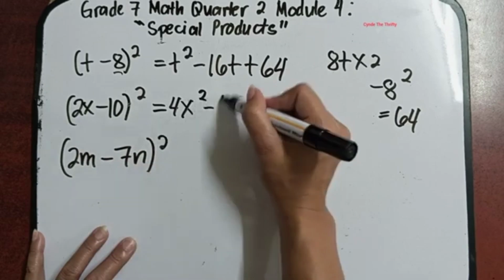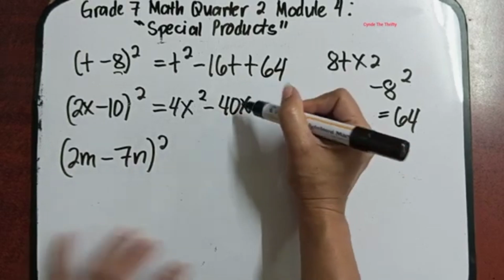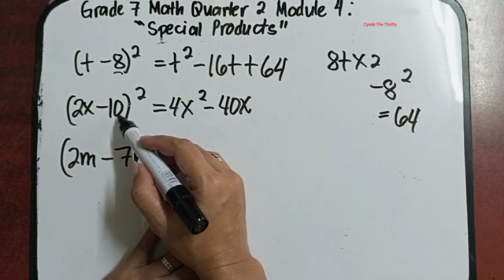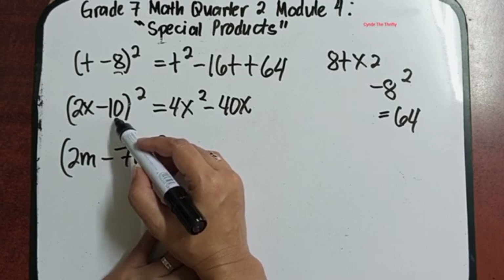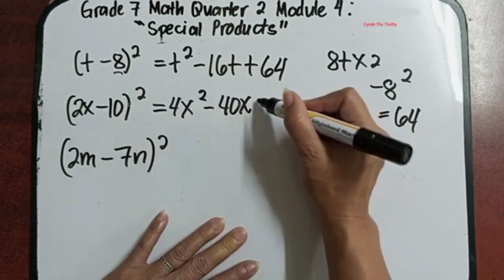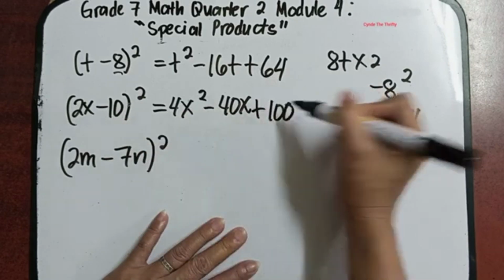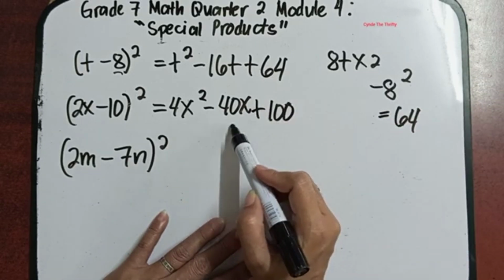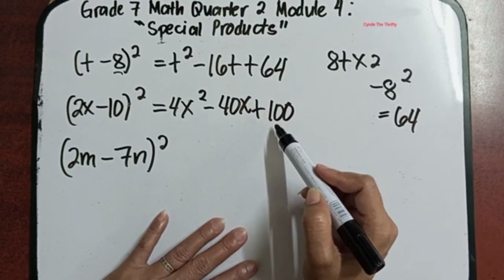So, 40x. And then, lastly, ang ating last term is 10. So, 10 squared is equal to 100. Okay, so ito na yung sagot natin. 4x squared minus 40x plus 100.